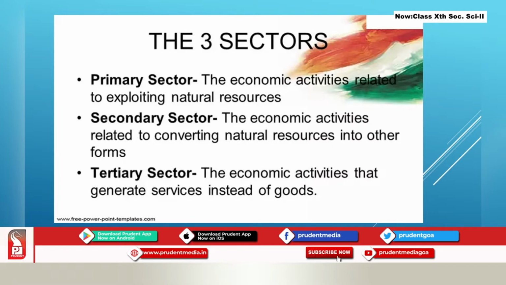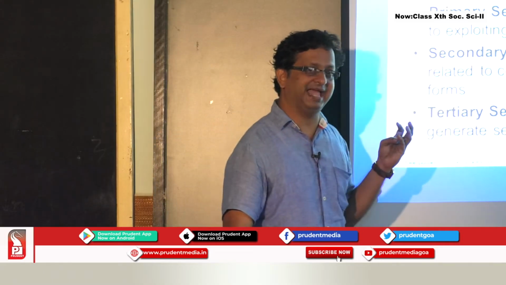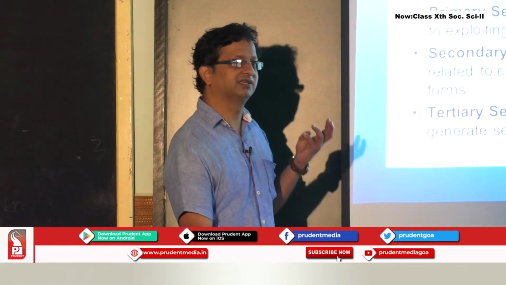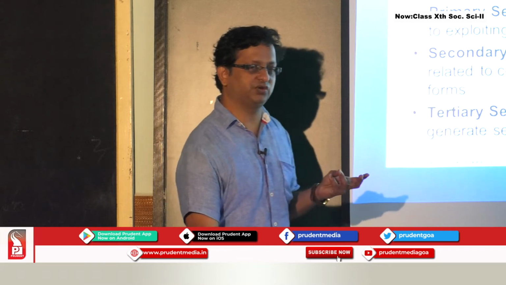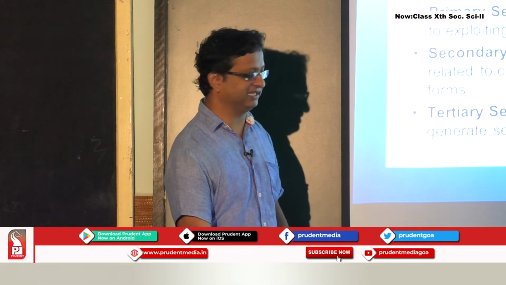And in the tertiary sector, the economic activities generate services instead of goods. So you have to remember, the primary sector is called agriculture and related sector, the secondary sector is called the industrial sector, and the tertiary sector is called the service sector.